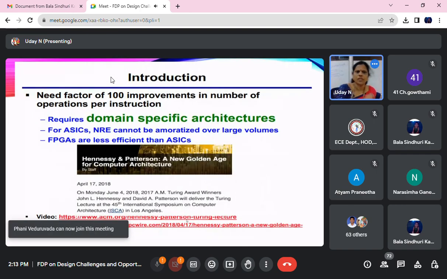All these significant contributions have led to the need for an improvement in the number of operations per instruction by 100x, by 100 times.